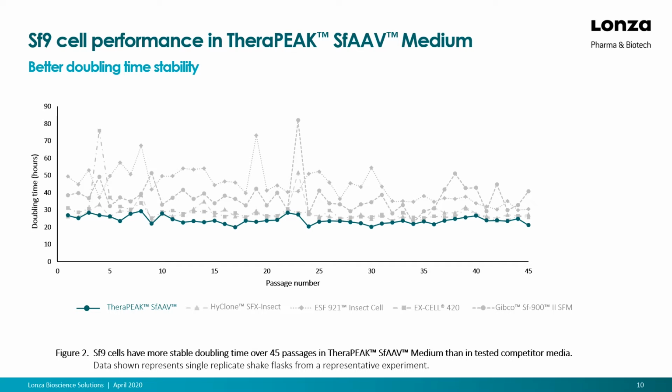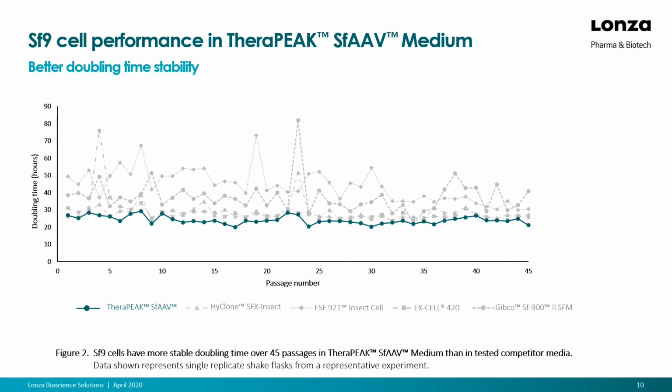However, with TheraPEAK SfAAV Medium, the doubling time over the 40 passages was stable at around 25 hours. This characteristic of TheraPEAK SfAAV will allow you to know the density of the cell culture at any given day, and therefore will allow you to schedule more accurately the day of infection.